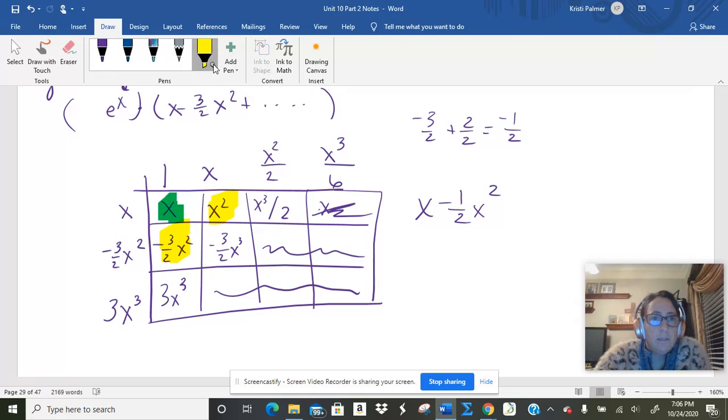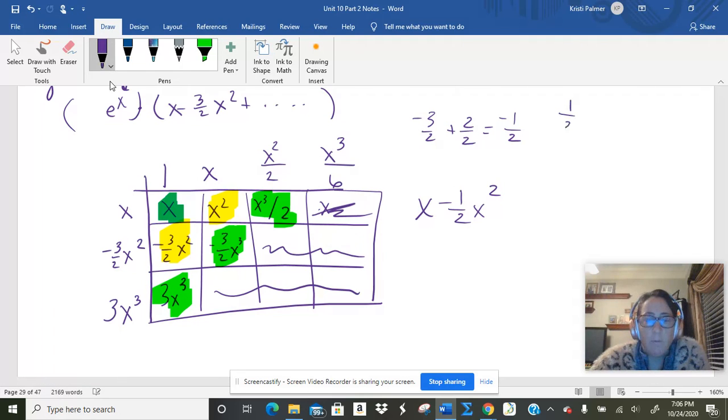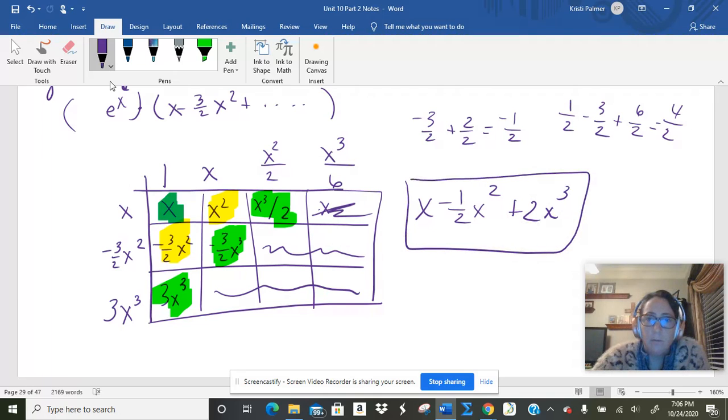And then the last ones that we want to put together are the 3rd degrees. So I'm looking at my coefficients, and I have a 1/2, a negative 3/2, and then a 3, which is the same as 6/2. Put those together, that'd be 7 minus 3 is 4/2. So 2. And there we go.